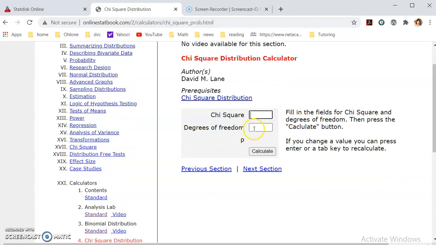In the normal distribution case we have a distribution, but here we don't. So you just put in the chi-square number and the degree of freedom, and it will calculate the probability.